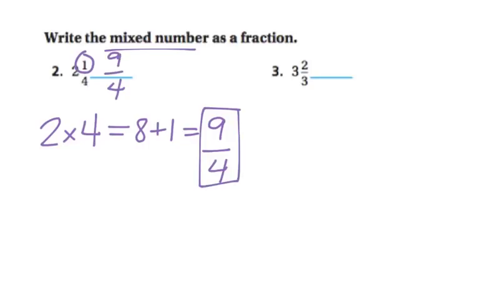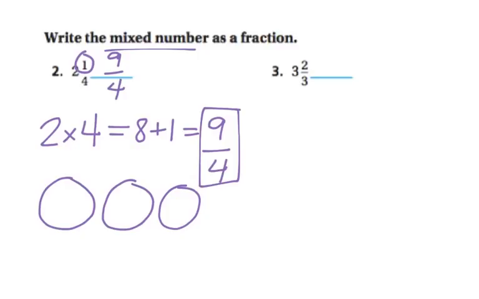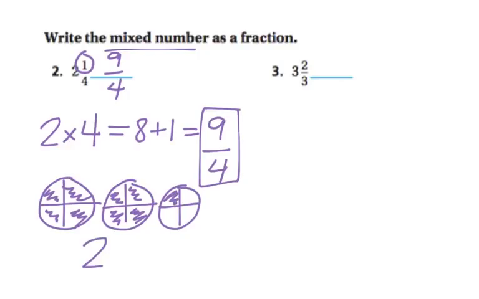Now, you don't have to draw this next visual, but I'm going to draw the visual so that we see it. I'm imagining I have 3 things broken up into fourths. This first one represents 1 whole, so I shade all of those in. Then I have a second whole. I shade all of those in. And then the remaining fraction part was the 1/4. So here's my 2 wholes and my 1/4.